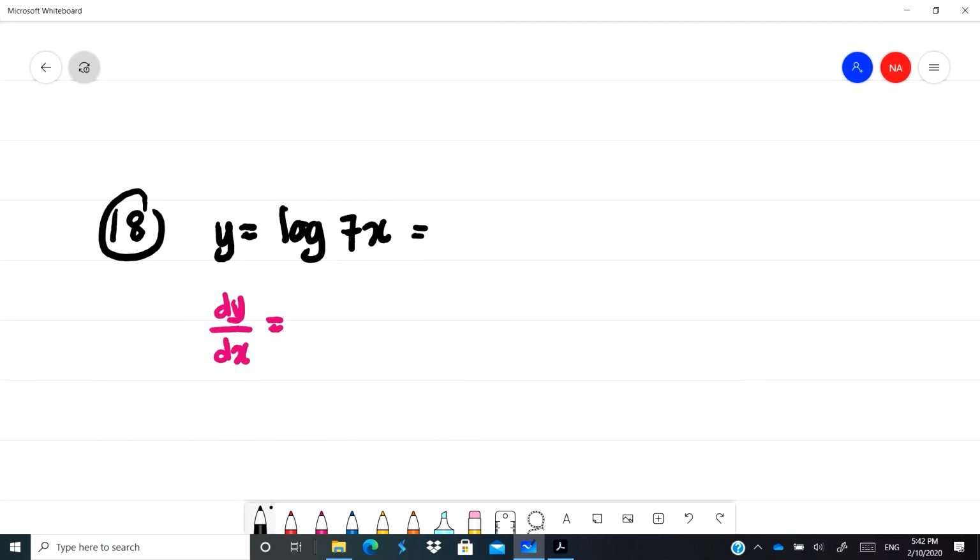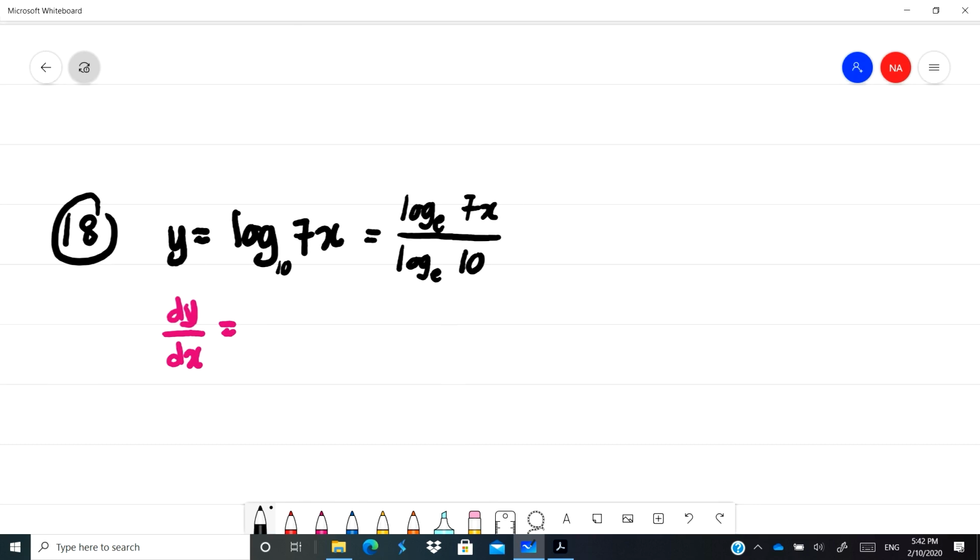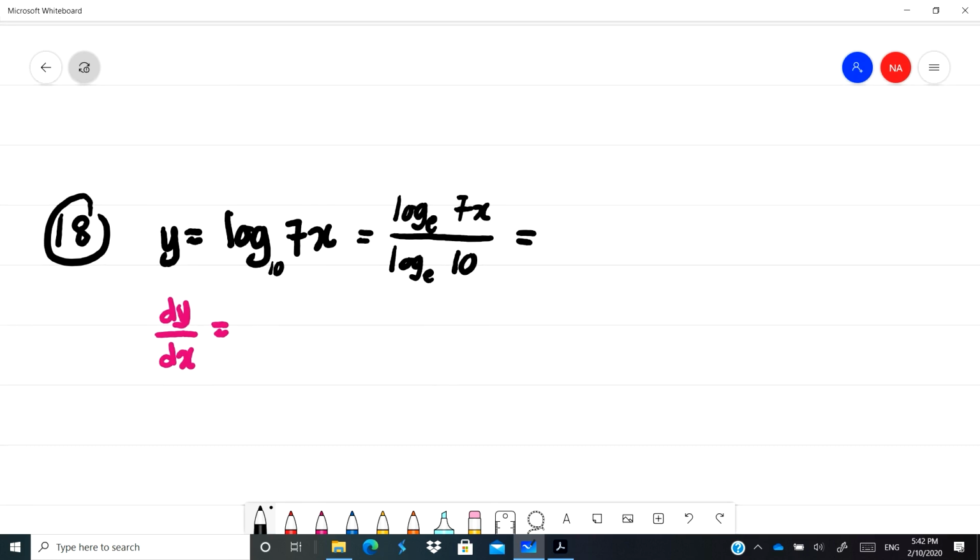We know that log means base 10, so we want to change the base into base e, so we use log base e of 7x over log base e of 10, which is ln of 7x over ln of 10.